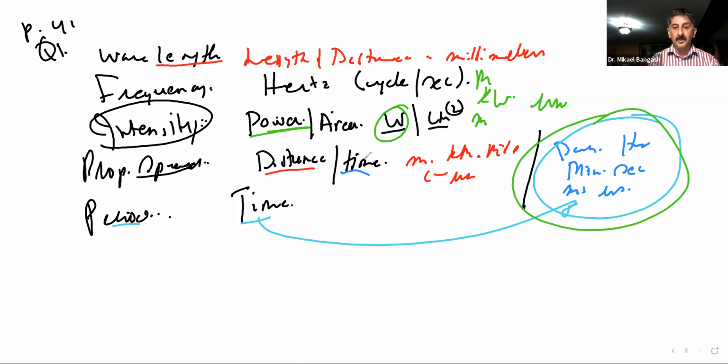So any of these units of time can also be expressed as a period. Simply. Did that make sense?